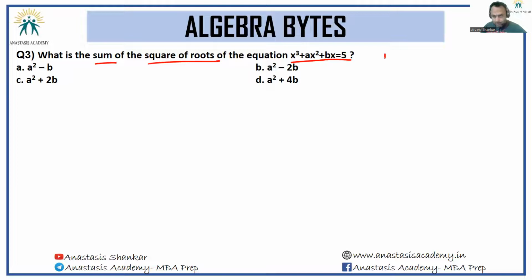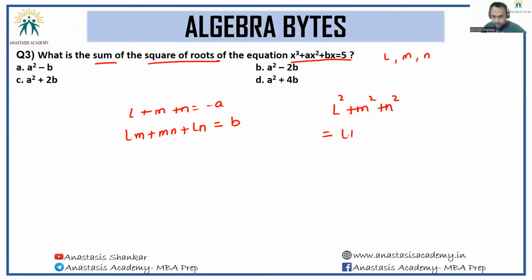Let this equation have three roots, L, M, and N. Now we know, looking at this expression, L plus M plus N is equal to minus A, and LM plus MN plus LN is equal to B. We finally need L square plus M square plus N square, and this is as good as (L plus M plus N) whole square minus 2 times (LM plus MN plus LN).